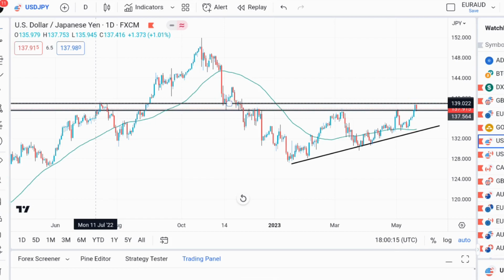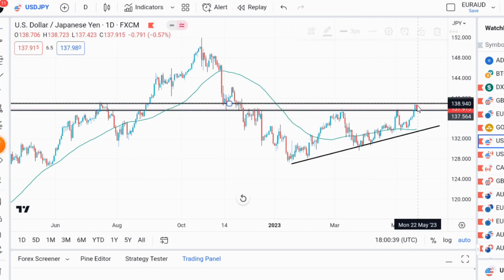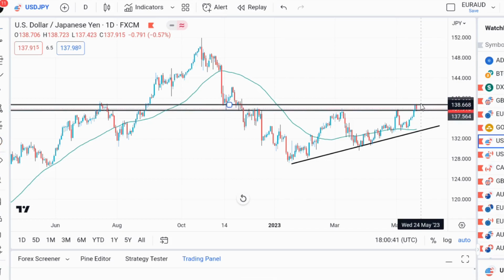So what I'm looking at this week is, if we have a break of this level, then I will comfortably long US dollar JPY to the all-time high, as you can see, if you have a break of that particular resistance level. But my bias is that we should see more move to the downside at that particular level.